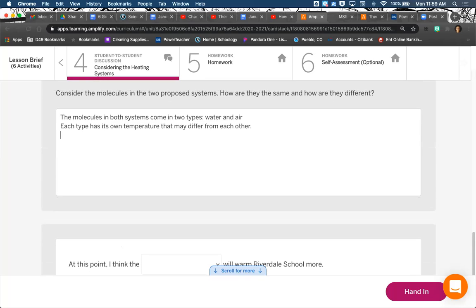Okay, so the air molecules move slower and have a lower temperature than the water.